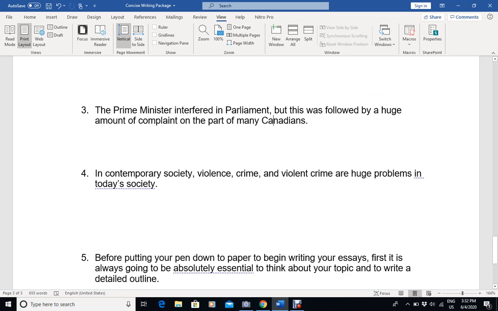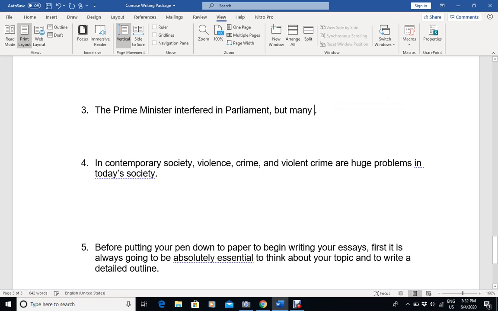So we can say something like this: "The Prime Minister interfered in Parliament, but many Canadians complained." Again, you may have done it a little bit differently. The sentence won't necessarily look exactly the same, but we can see how much clearer and more direct this is, and how it's communicating that same idea better and in a shorter form.